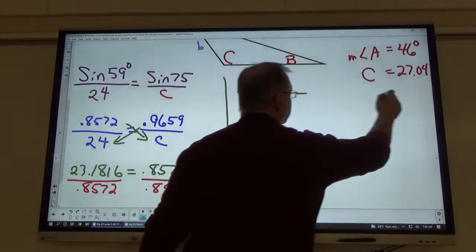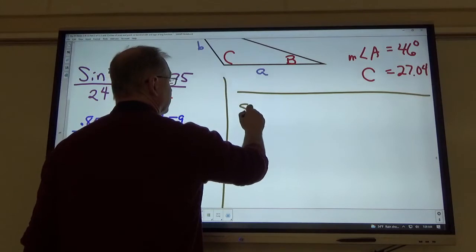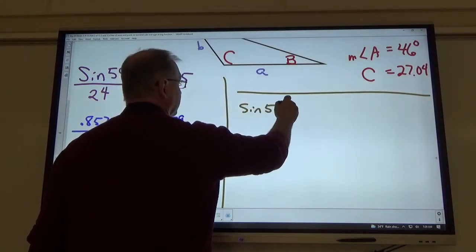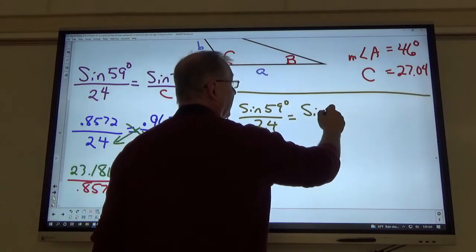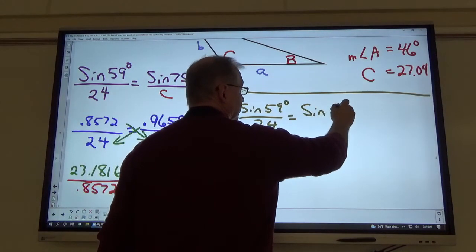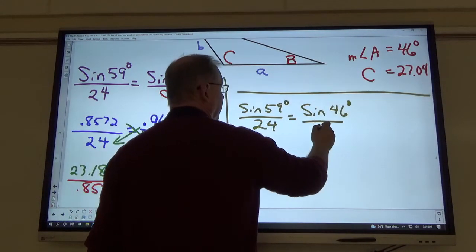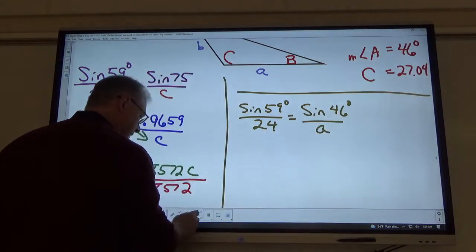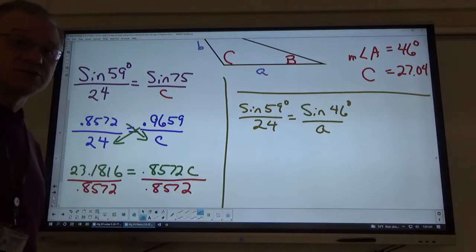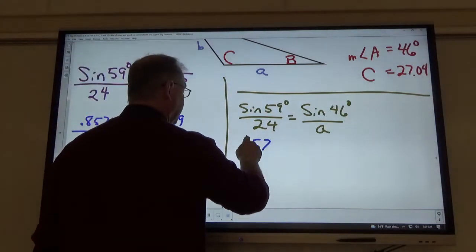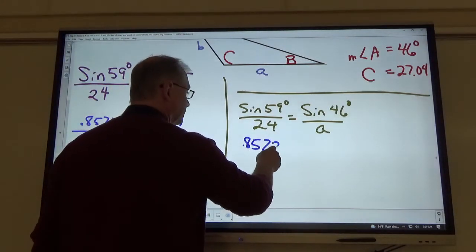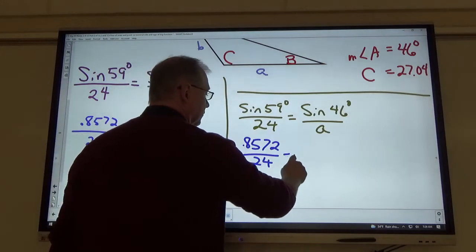Side B. Sine of 59 degrees over 24 equals sine. Now angle A is 46 over side A, which we don't know. And we'll proceed to do the same type of work we did before. 0.8572 over 24 equals.